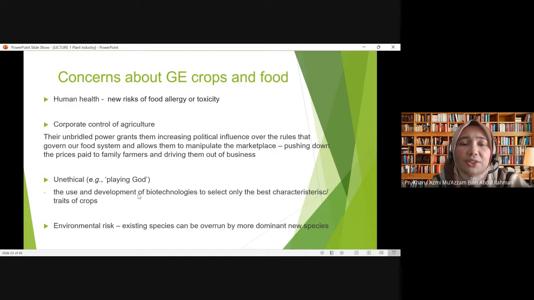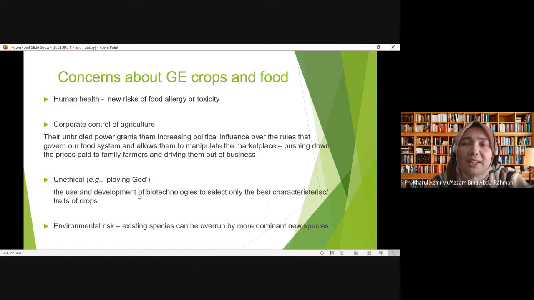Okay, and then also the environmental risk, which is the existing species can be overrun by more dominant new species. Maksudnya spesies yang sedia ada tu mungkin dia tak boleh bersaing dengan spesies yang dominan, yang lebih rintang, yang lebih kuat ni. So lama-lama dia akan hilang daripada environment tu, akan extinct ke something like that.